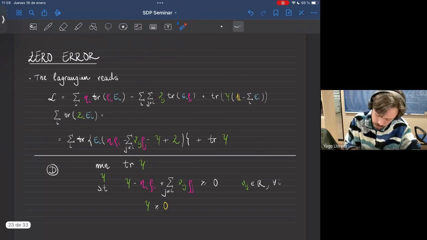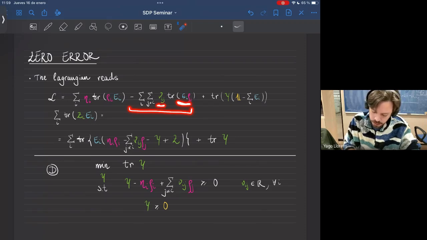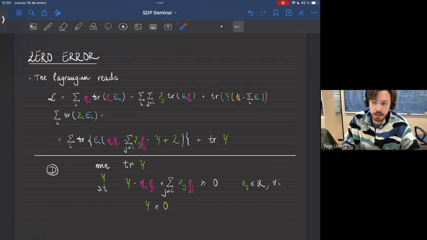Here, if you construct the Lagrangian, you have the objective function and the output of the primal, and then you have the condition that has to be equal to 0. We are using a slack variable that here is a real number, and not positive, because this has to be equal to 0, but it could be smaller than 0 or greater than 0.